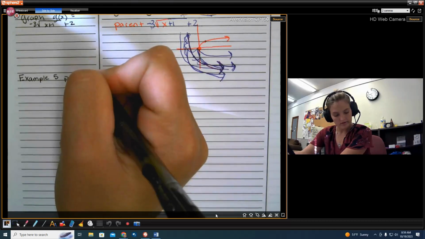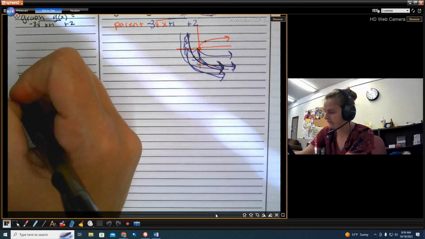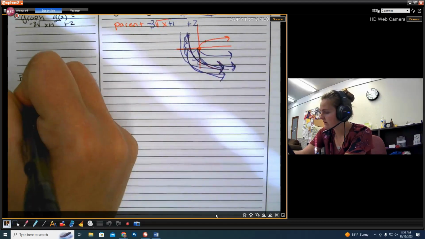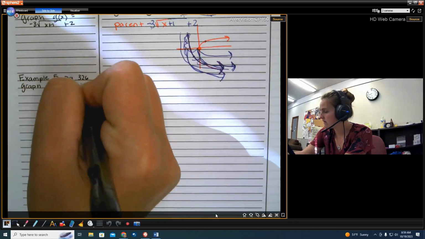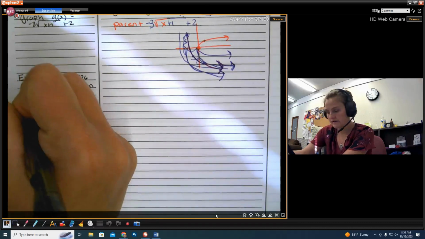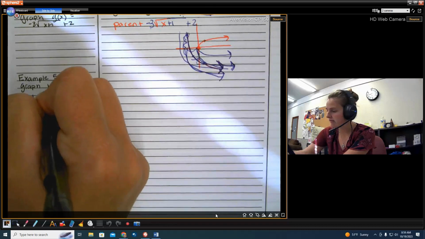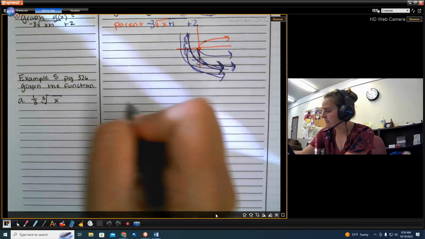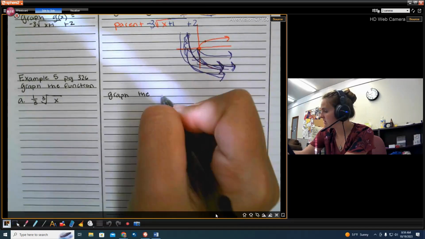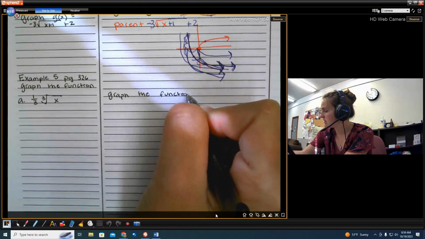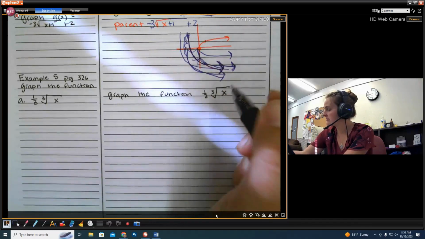Okay, it says graph the function. A is 1/3 the cube root of x. So we're going to put that over here, graph the function, which is 1/3 the cube root of x.